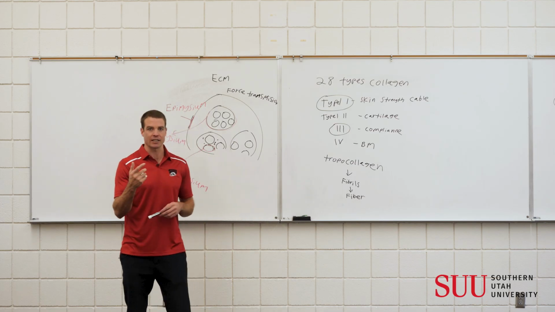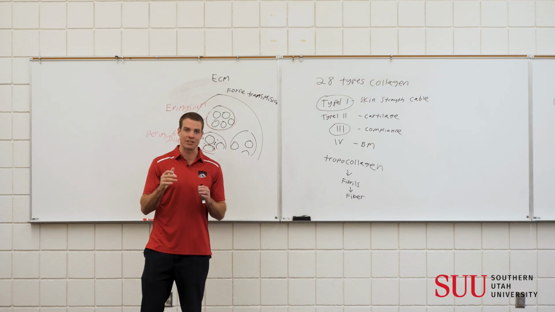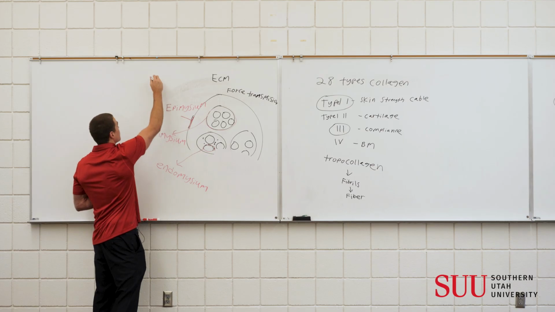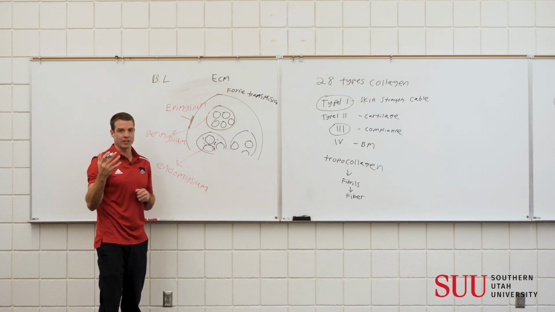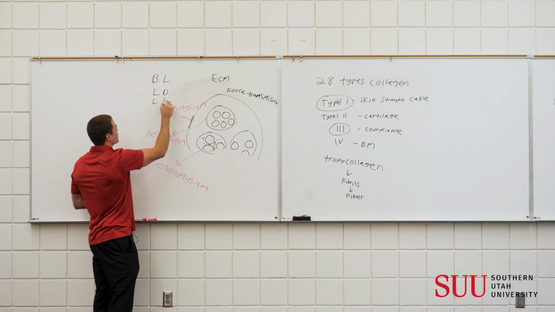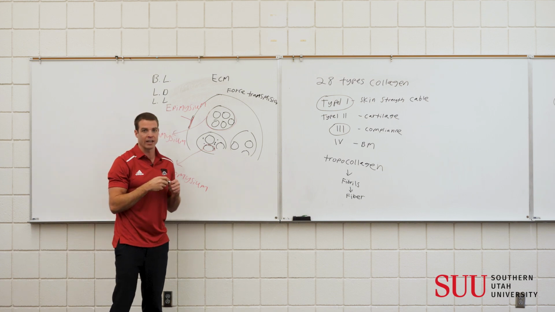As I mentioned, it consists of two parts, the reticular lamina, which is continuous with the endomysium, and then the basal lamina. And the basal lamina has two parts also. You have the lamina lucida and the lamina densa. Okay, so we could do lamina densa, lamina lucida, or lamina rara is another word for that.